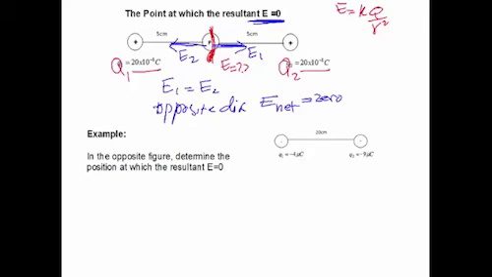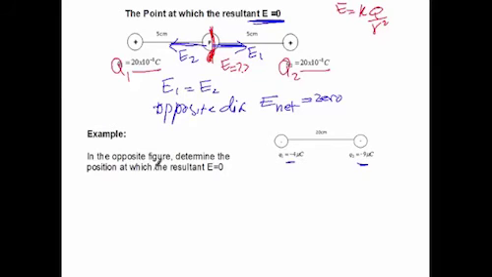But what if we have two charges that are the same in sign? Here it was positive and positive, but here they are negative and negative. What are we going to get here?